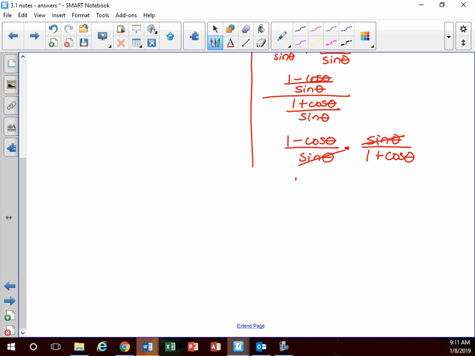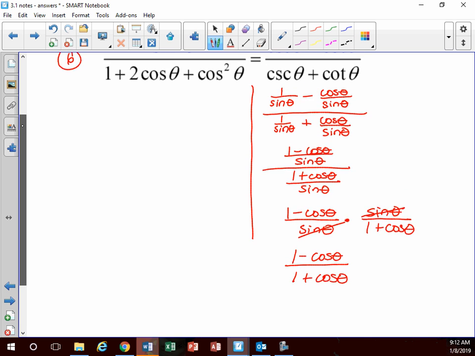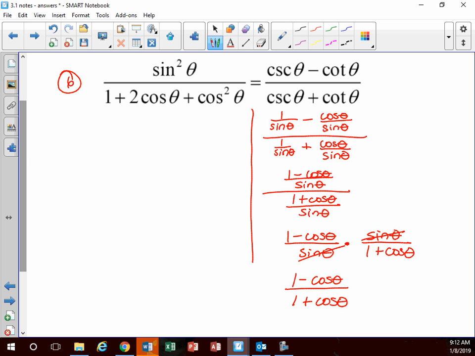So now I have 1 minus cosine over 1 plus cosine. All right, so that is the right side. How do we feel about that? You guys see what I mean? Your algebra skills with fractions and understanding common denominators are going to be pretty important in these. Okay, the left side.